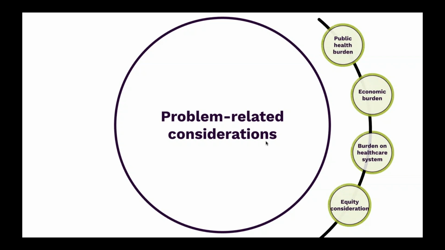The burden on the healthcare system, meaning how much services are being consumed by the problem. And then equity consideration, is the epidemiology of the problem affecting more those who are disadvantaged and vulnerable populations as opposed to other populations. So you can tell that this is mostly focused on the problem.